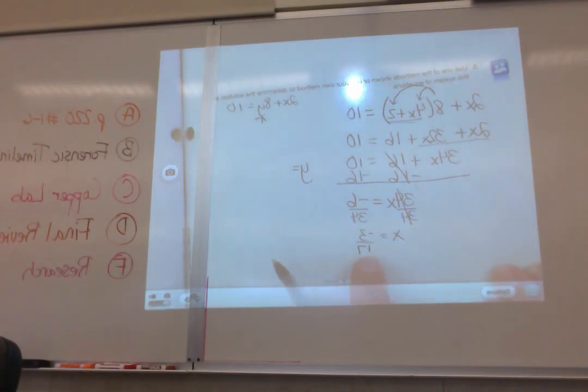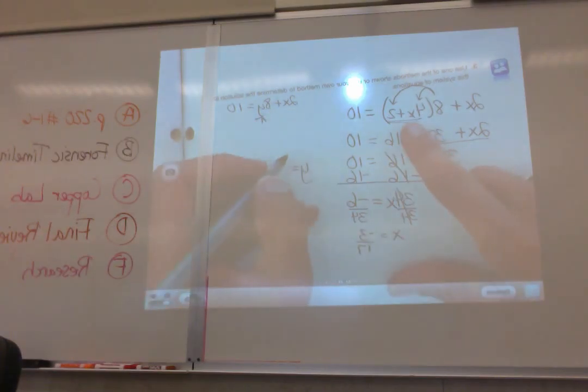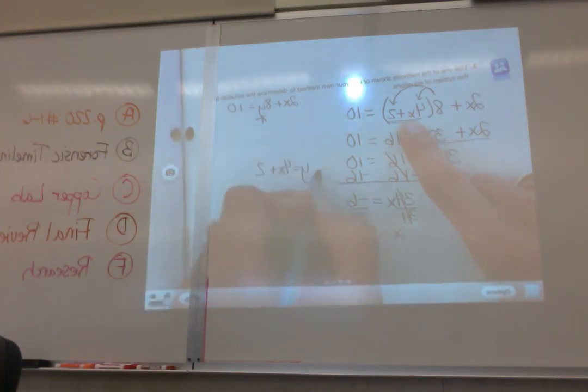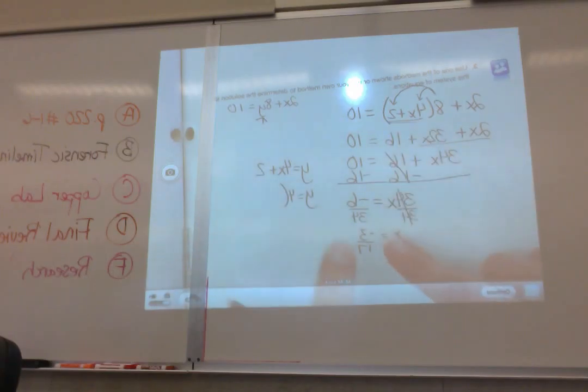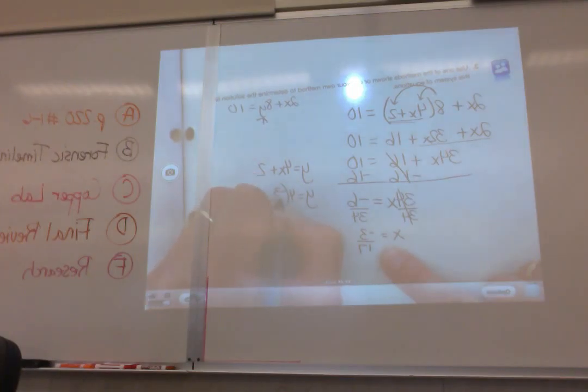That's going to be the easiest one to plug this ugly number in. So I'm backtracking. It's going to be 4x plus 2. That was one of the rearranged versions of the original equation. Y equals 4 times negative 3 over 17 plus 2. We always find one variable and then have to plug it in to find the other.